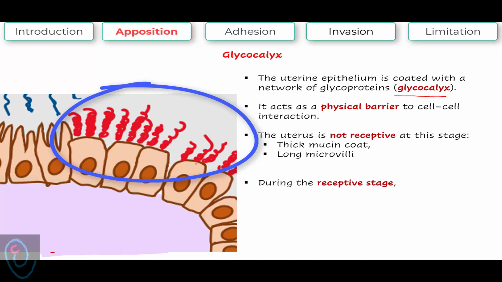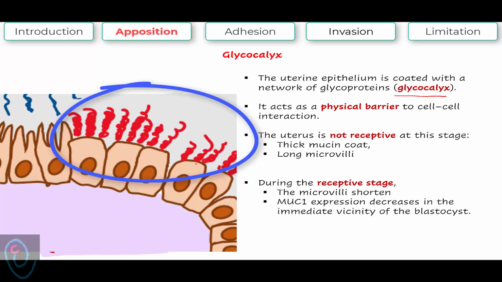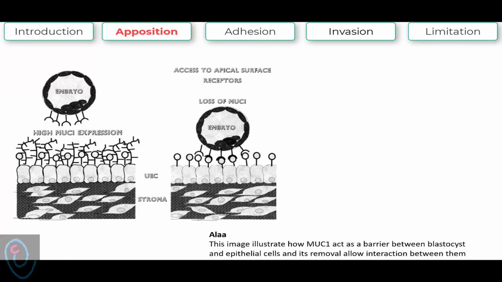However, during the receptive stage, the microvilli shorten and the mucin 1 expression decreases in the immediate vicinity of the blastocyst. This image illustrates how mucin 1 acts as a barrier between the blastocyst and the epithelial cell, and its removal allows interaction between the blastocyst and the receptors on the epithelial cells.